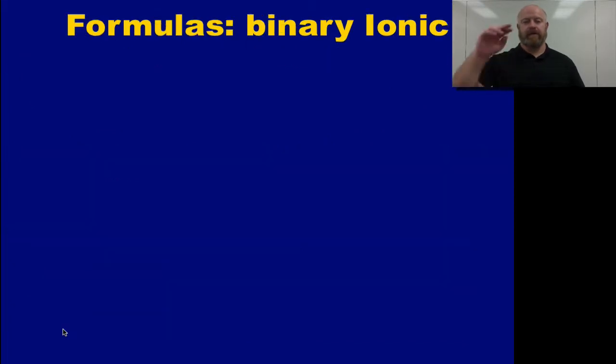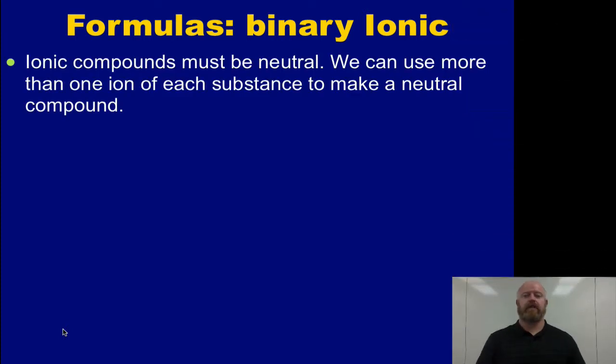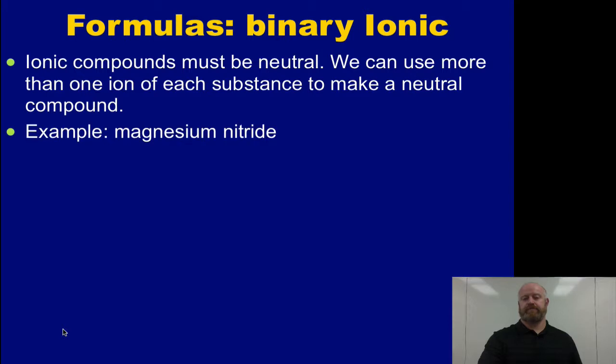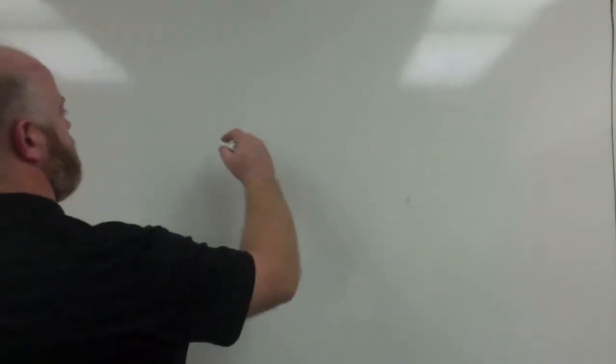Now, when working with the formulas for binary ionic compounds, we need to have a neutral compound. So again, we've been doing a couple of these already, but let's go through the last part of this. For example, if you have magnesium nitride, I say write this formula. Well, magnesium we know is Mg.